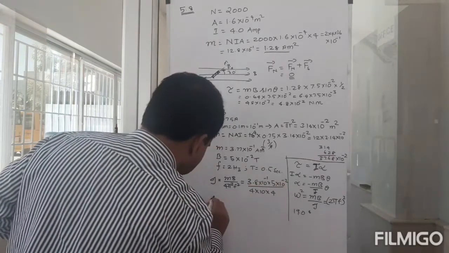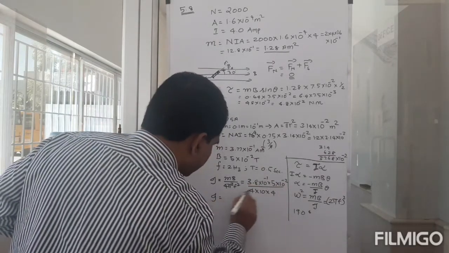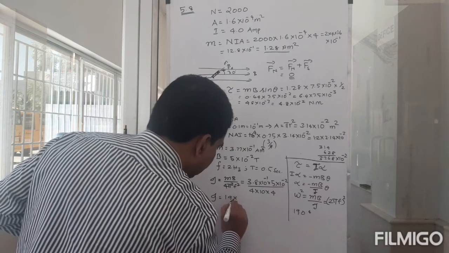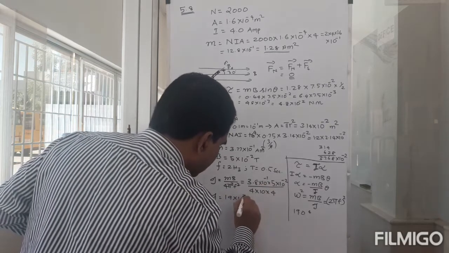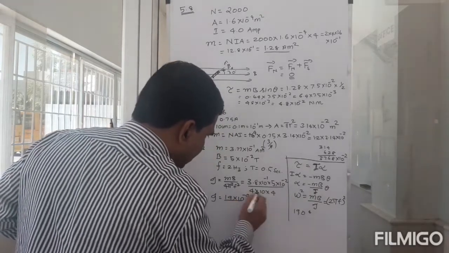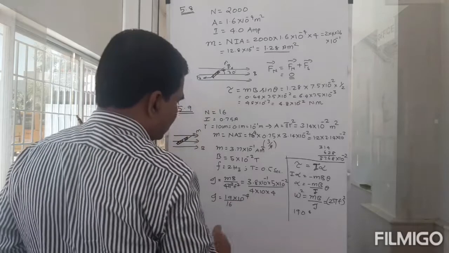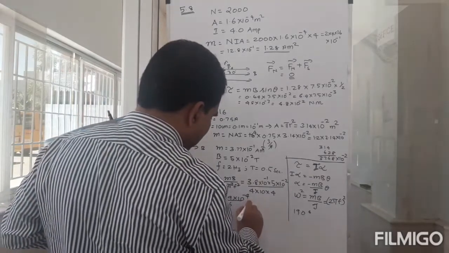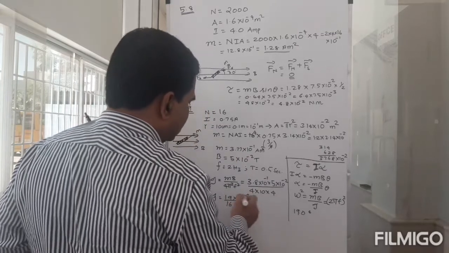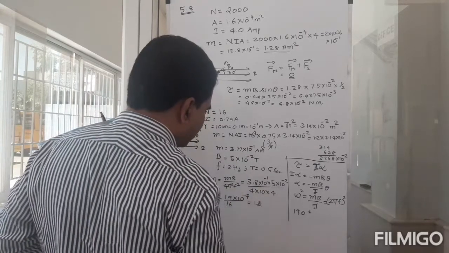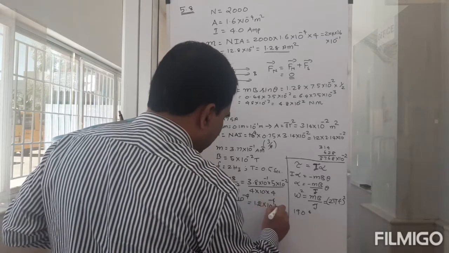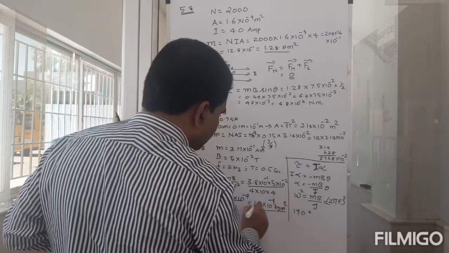So the moment of inertia is equal to 19 into 10 power minus 4, because I am bringing this 10 up there, divided by 16. So this is equal to roughly 1.2 into 10 power minus 4 kilogram meter square.